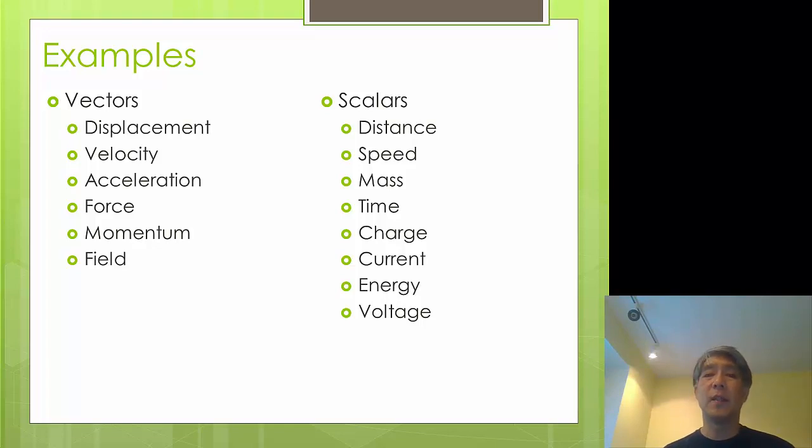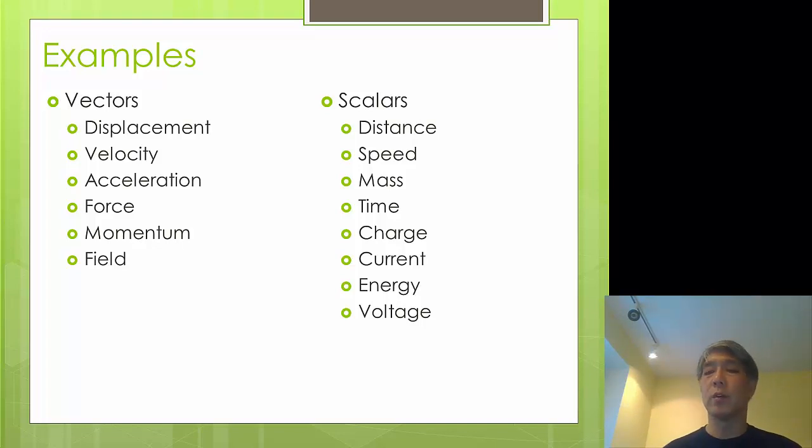Examples of scalars. Some of these scalars are very similar in definition to the vectors, but they're the directionless portion. Distance and displacement, similar. Speed and velocity, similar. Speed is simply the magnitude portion of velocity, and other examples are mass, time, and charge.